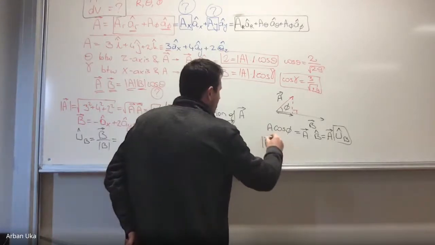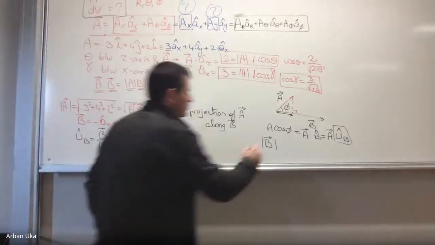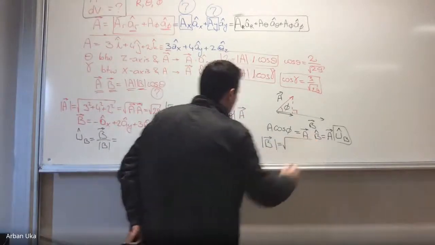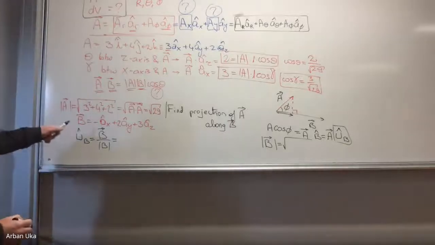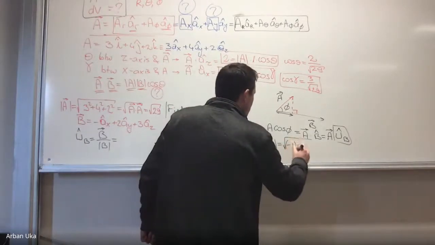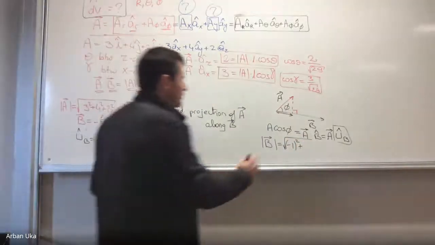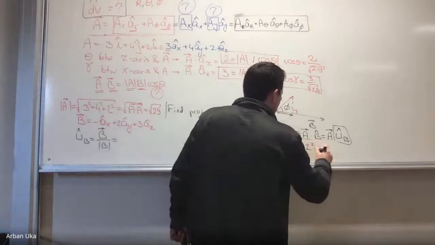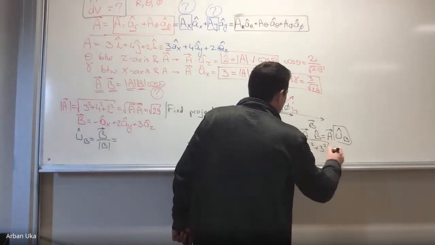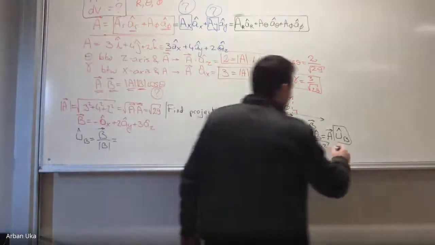Magnitude of vector B. This is how we denote it, and this is going to be equal to the square root of (-1) squared, which is the projection along the x-axis, plus 2 squared plus 3 squared. So here we have 9 plus 1, 10, plus 4, 14, square root of 14.